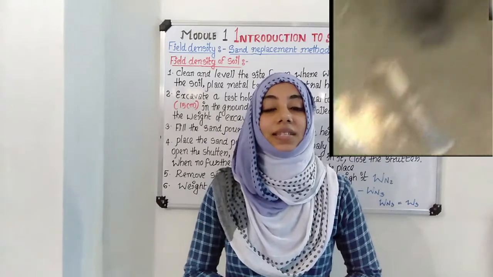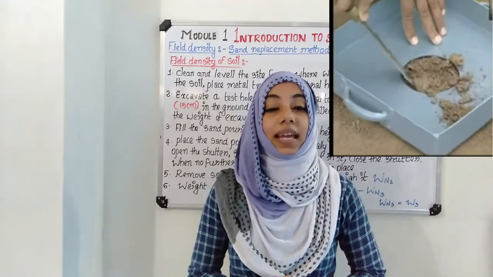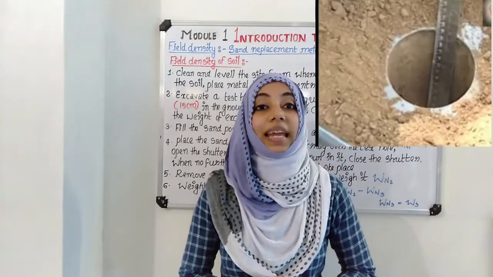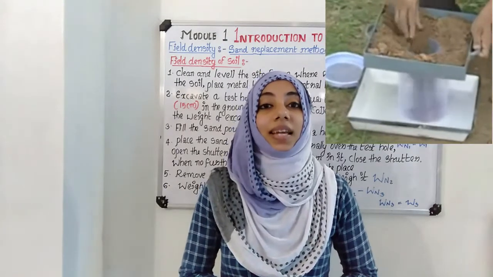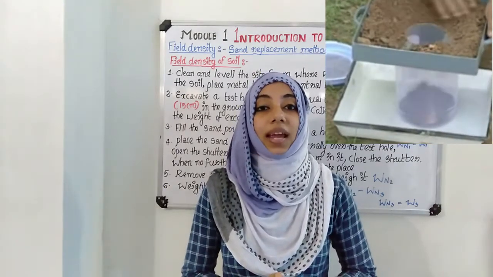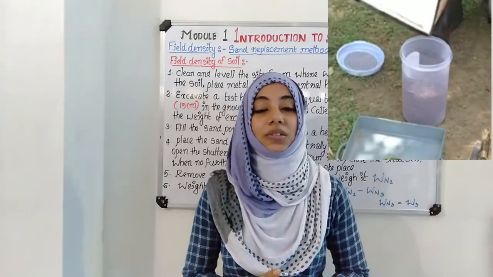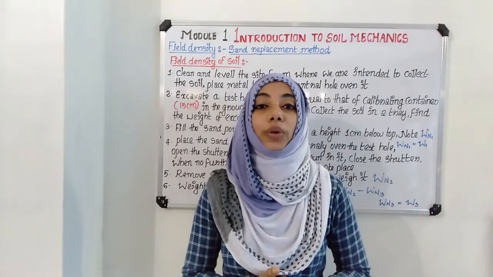Excavate a test hole of depth equal to the calibrating container, approximately equal to 15 cm, in the ground using a knife. Collect the soil in a tray and find the weight of the excavated soil, which is marked as WE.